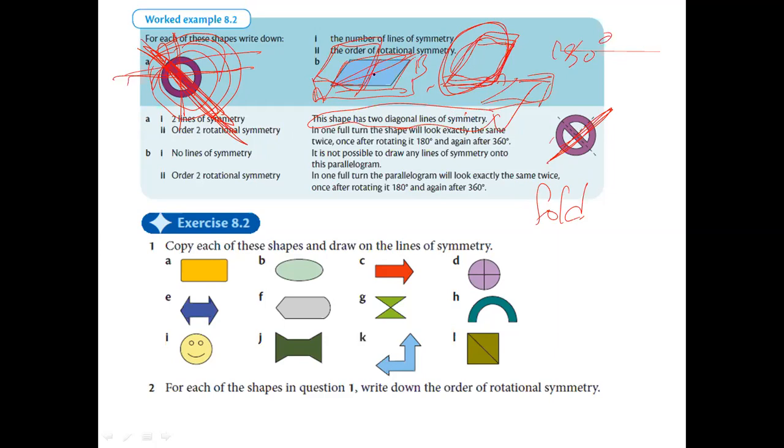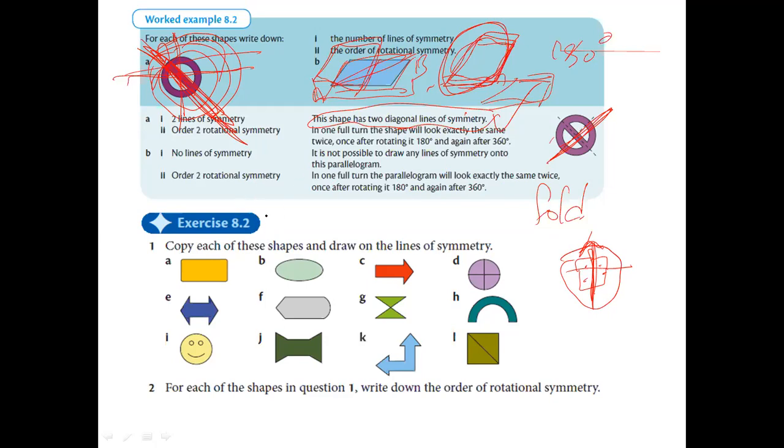Rotational symmetry: when you turn 90 degrees, 180, 270, as we have 360. So when you rotate 180 and 360, you get the same similar shape. That's why a parallelogram has two rotational symmetry.